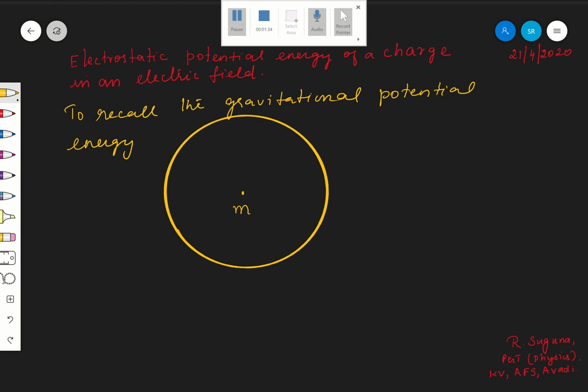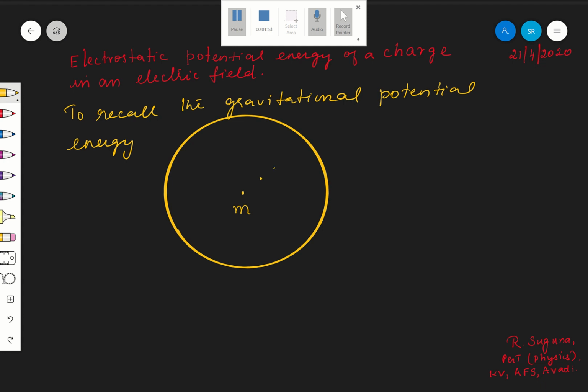We know very well that each and every point in the gravitational field has a different strength. The intensity of the gravitational field at different points will be different.